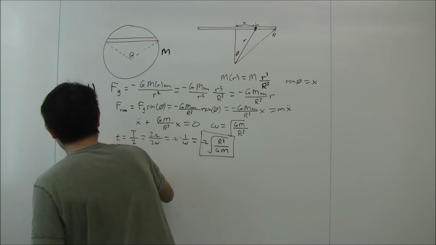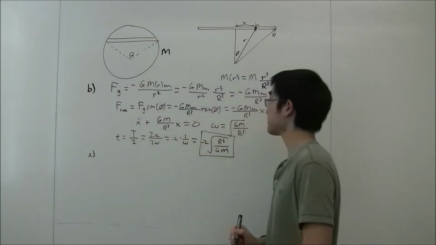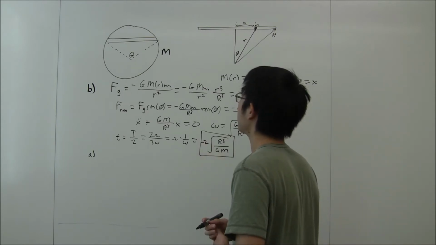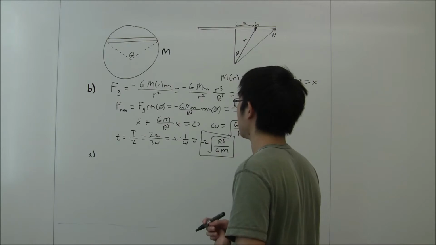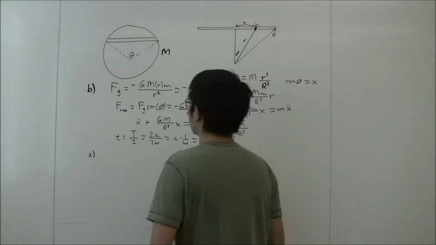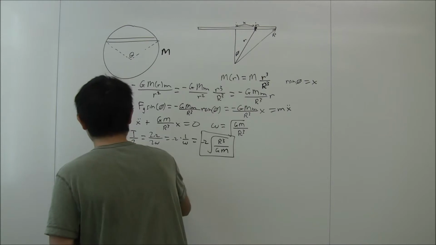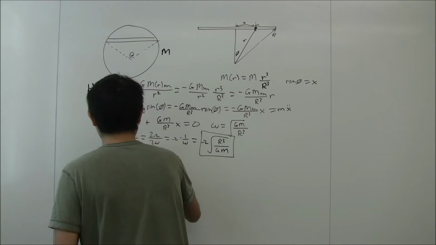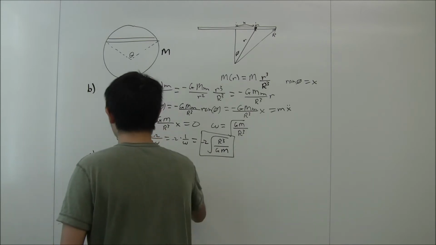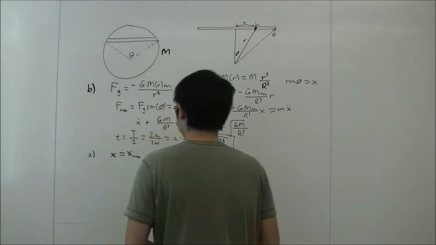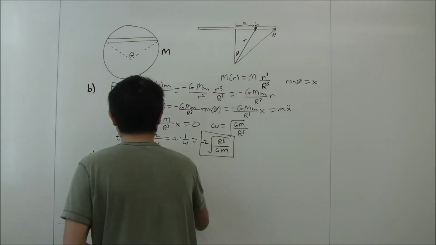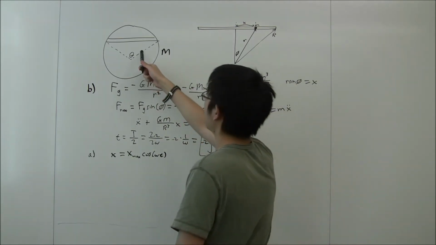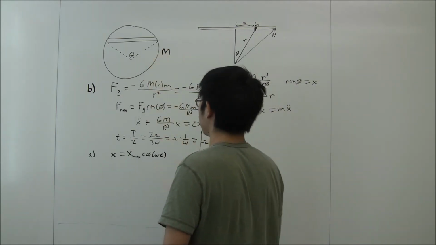Now, part A of the problem. We know that since the motion of the astronaut is governed by simple harmonic motion, then we can describe its position as a function of time as the amplitude of its motion, x max, multiplied by cosine omega t, since the astronaut is going to start at one end of the tunnel at t equals 0.